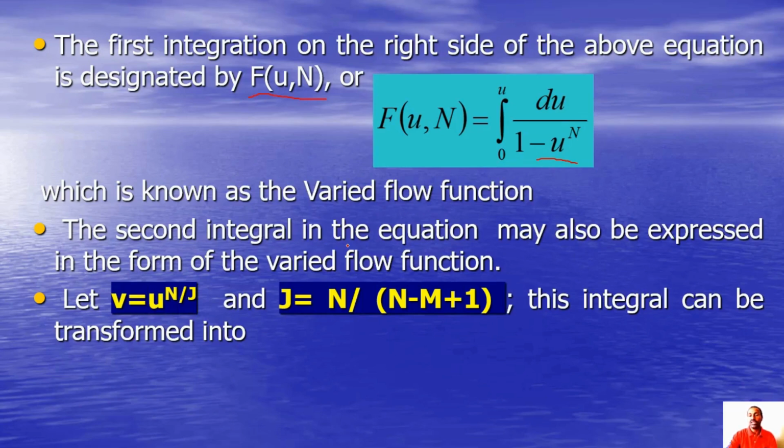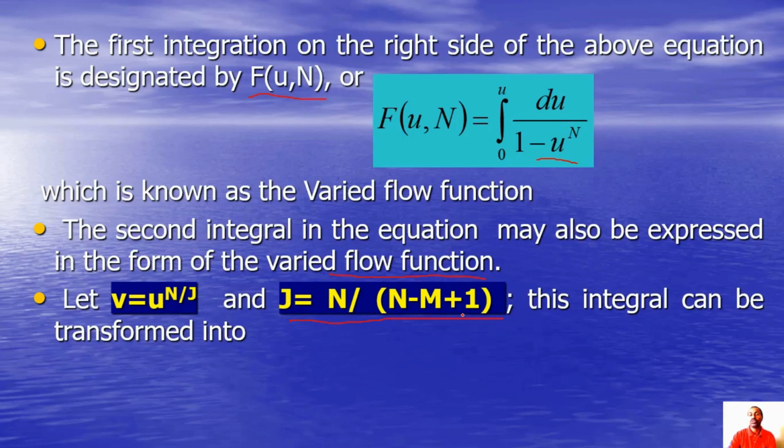The second integral in the equation may also be expressed in the form of a varied flow function. The varied flow function v is equal to u to the power of n over j, and j is equal to n over n minus m plus 1.